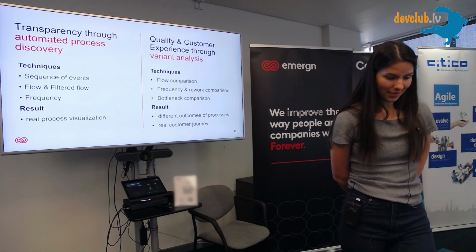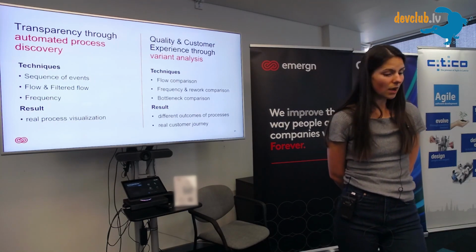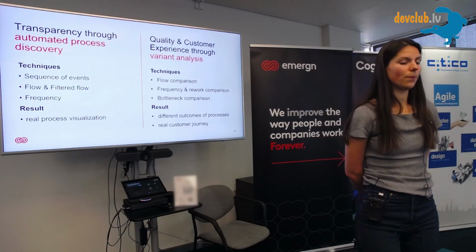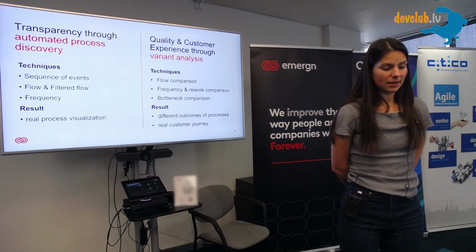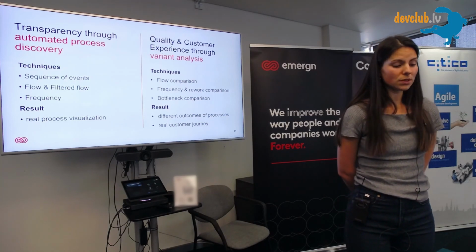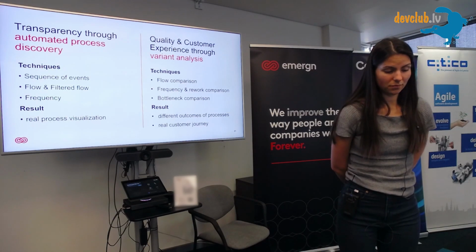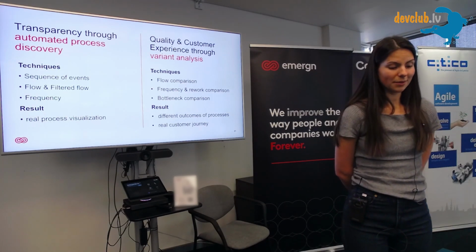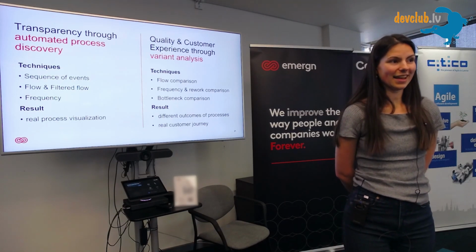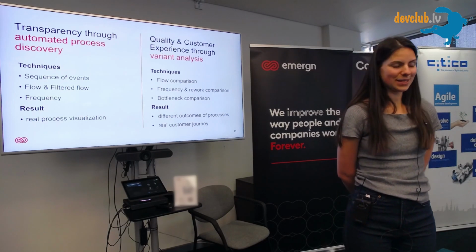One more thing that we can achieve is quality: improving quality and customer experience through variant analysis. A technique that could be used is the comparison of different flows. We can compare flows where customers were happy and not happy, and try to find out why it was so.